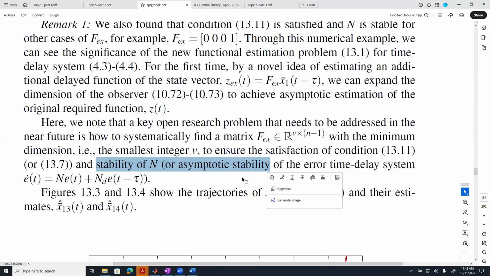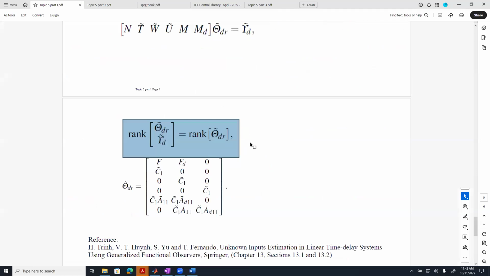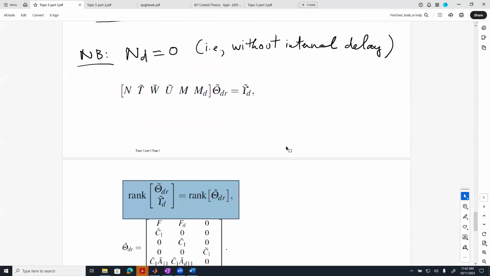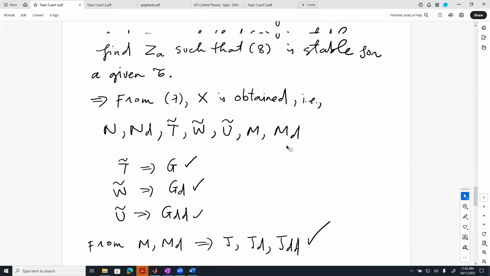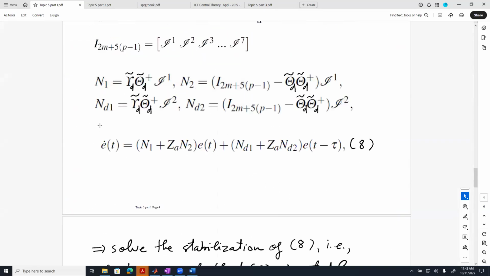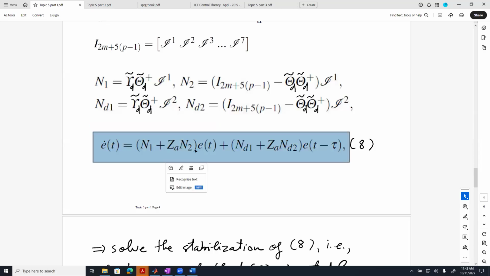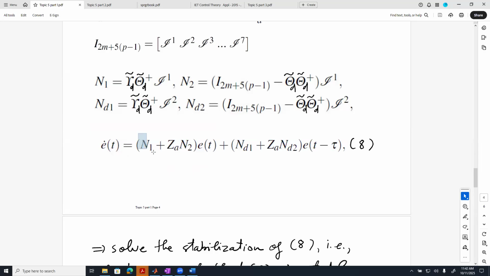That means there must be an underlying condition on top of the condition that we discussed here, which is this condition, because we want to ensure stability of the error equation, and that comes from the detectability or observability of this pair N1 and N2.